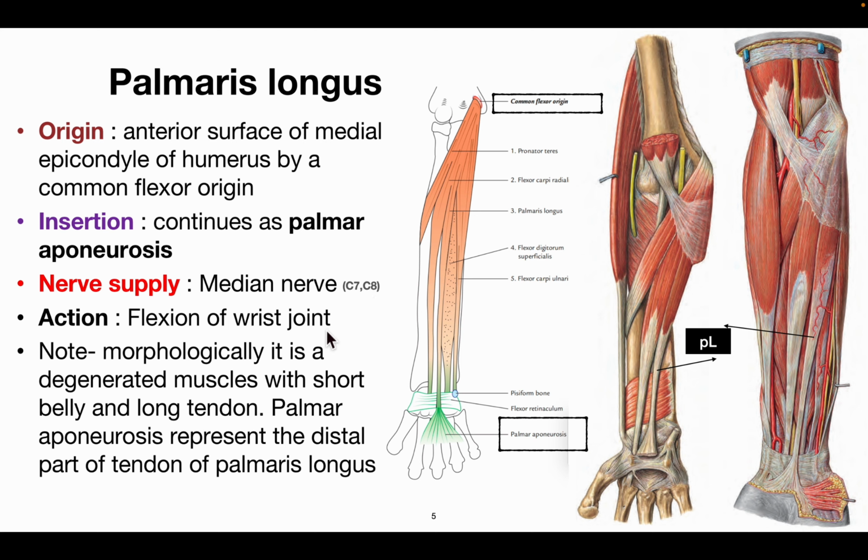Action is flexion of the wrist joint. Note that morphologically it is a degenerated muscle with a short belly and a long tendon. The palmar aponeurosis represents the distal part of the tendon of the palmaris longus muscle. You can see here in the diagram, this is the muscle known as palmaris longus with a short belly and a long tendon.